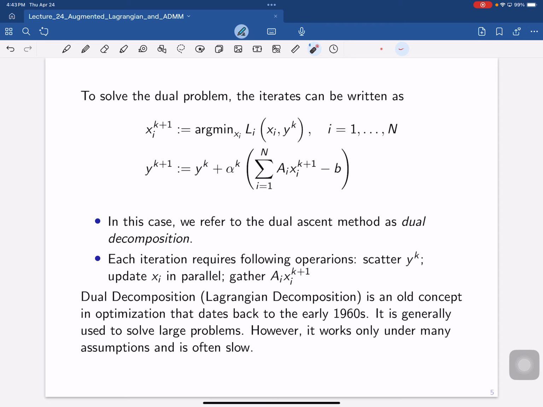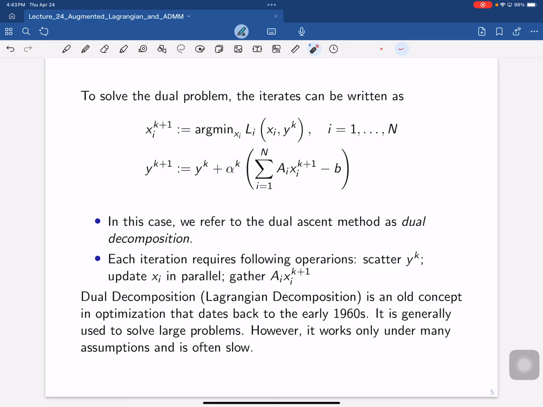Each iteration follows the following operation. You need to send the dual variable to each of the subproblems, and then you update all the x_i's in parallel. So you can think about it, if you have a parallel machine, each of your CPUs can be responsible for solving one of these x_i subproblems.